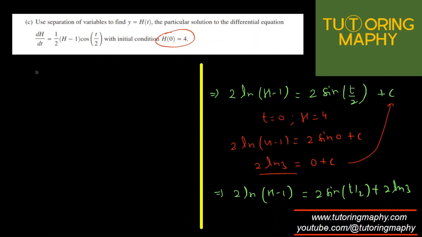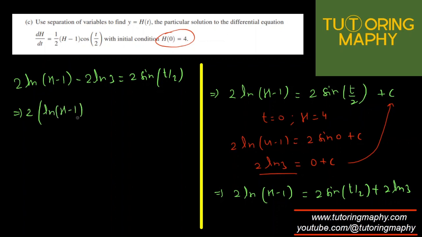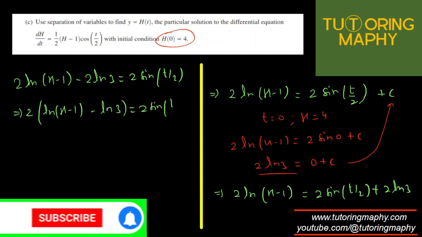So I'm going to subtract 2 ln 3 on both sides, clubbing the lns basically. So negative 2 ln 3 is equal to 2 sine t over 2. Taking 2 as a common factor, I'm left with ln a minus ln b. Why am I saying ln a minus ln b? Because in the next step I'm going to apply ln a minus ln b is ln a over b.